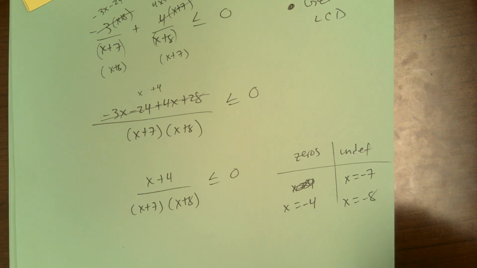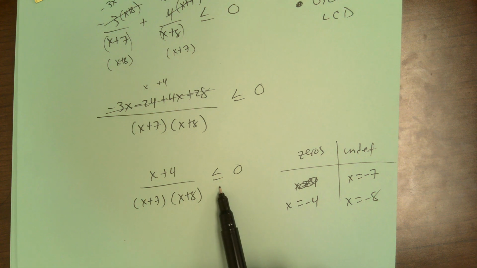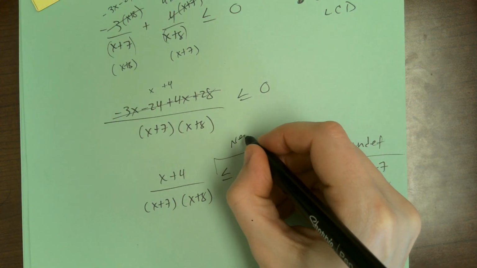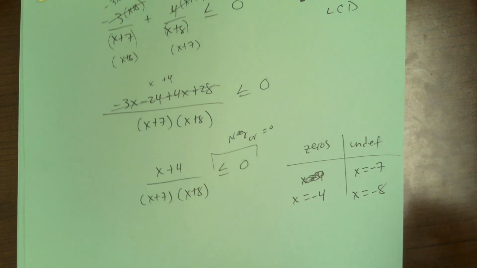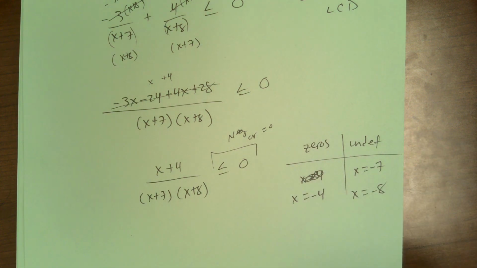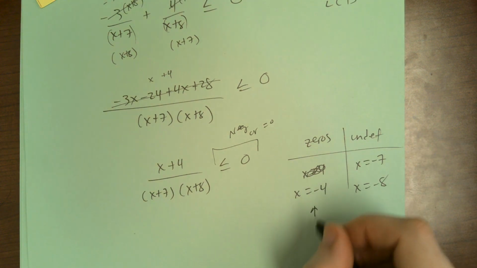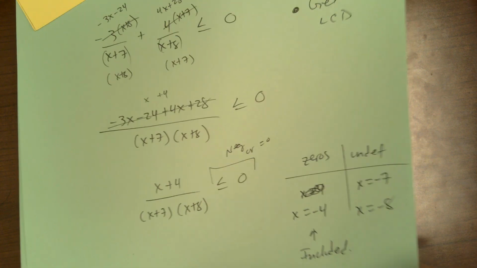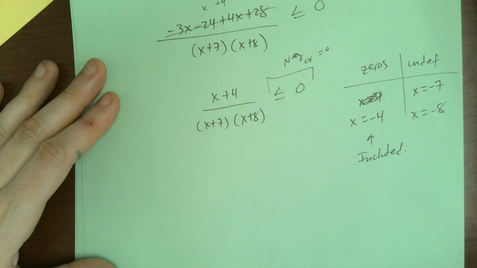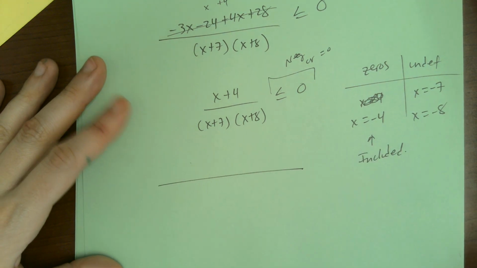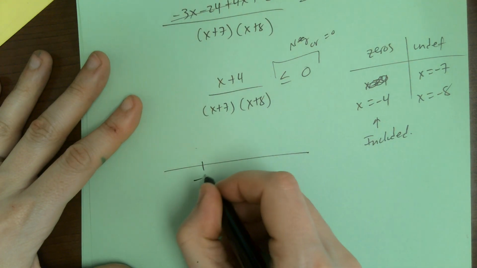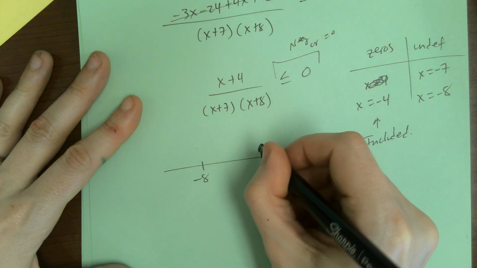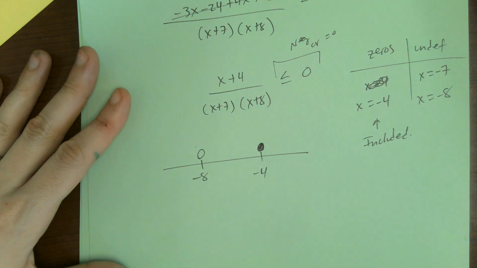Guys, in this case, since it's less than or equal to 0, this is being included. So closed circle when I do the number line. Negative 8, negative 4, closed circle. Negative 7 is definitely open.